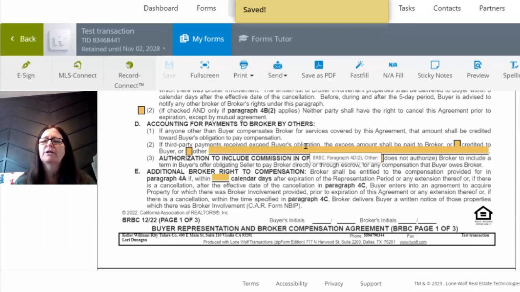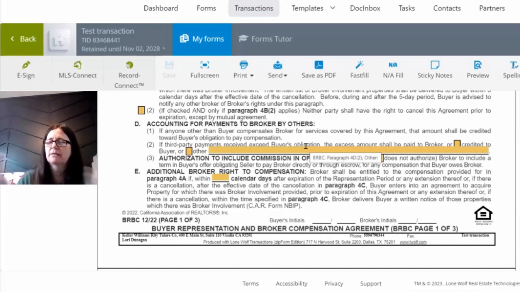So we want the buyer to compensate us 2.5%. And usually, at least right now, the seller will be the one that compensates us, not the buyer. But for purposes of the language in the contract, if we have it written that the buyer is going to compensate us 2.5%, what happens if we only get 2% from the seller?